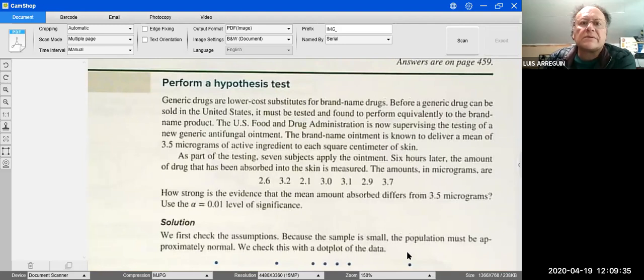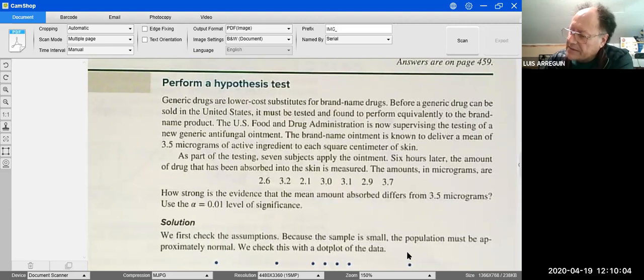Generic drugs are lower cost substitutes for brand name drugs. Before a generic drug can be sold in the United States, it must be tested and found to perform equivalently to the brand name product. The US FDA is now supervising the testing of a new generic antifungal ointment. The brand name ointment is known to deliver a mean of 3.5 micrograms of active ingredient to each square centimeter of skin.